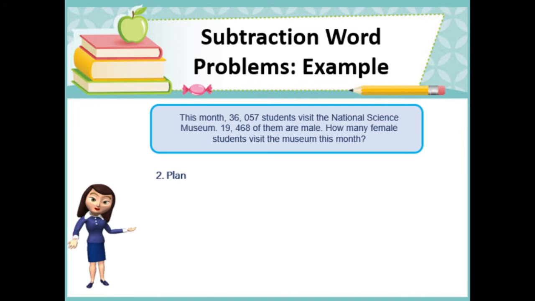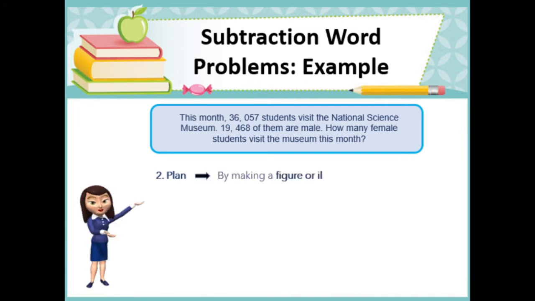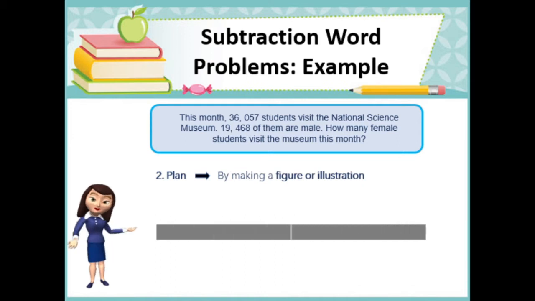Plan. When we plan, we can make a figure or an illustration showing the whole scenario of the problem. We can again make it like this, 2 columns perhaps, and divide each column.